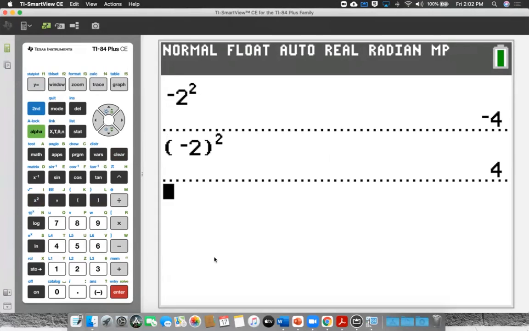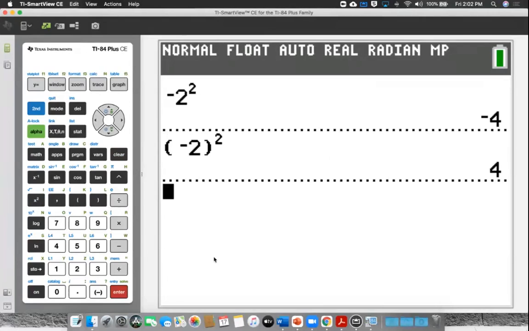Are they the same answer? The calculator's too good sometimes. When you put -2 squared, you're like, I just want it to do -2 times -2, right? Well, the calculator knows PEMDAS. It knows order of operations.